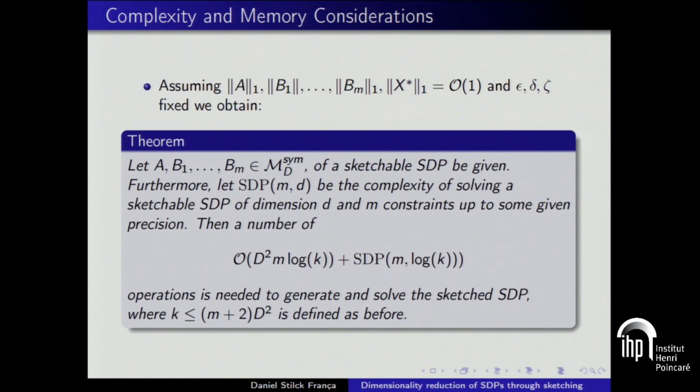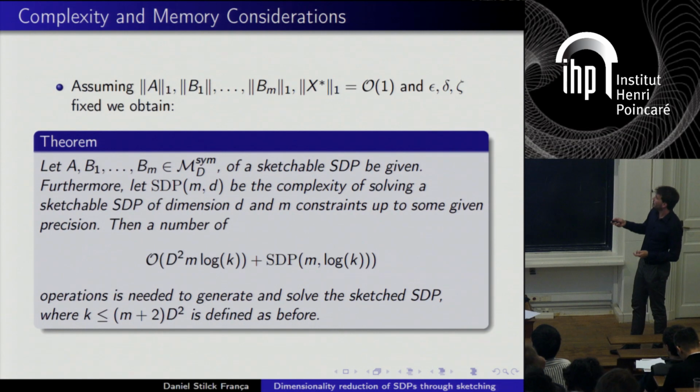And we will now fix your error epsilon, the probability of failure delta, and the precision zeta to which you want to solve this SDP, then you need this many operations to solve your SDP.